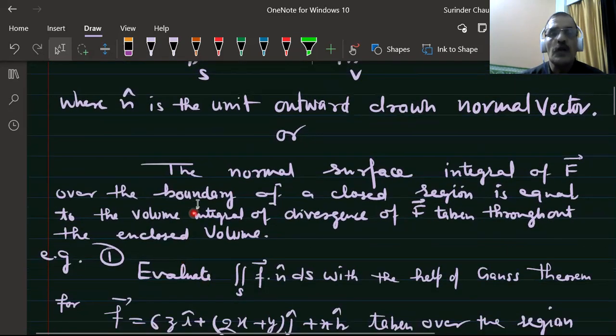Another form is: the normal outward surface integral of F over the boundary of a closed region is equal to the volume integral of the divergence of F taken throughout the enclosed volume. This is the statement of the theorem.